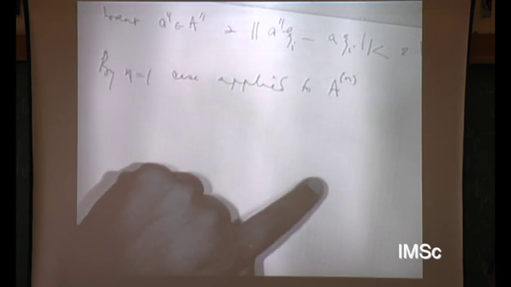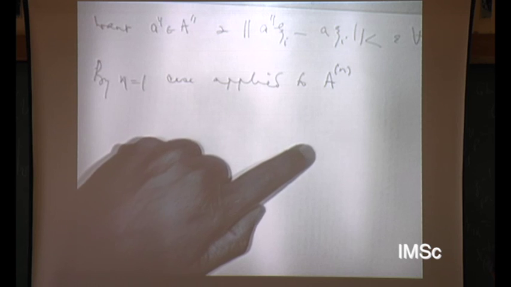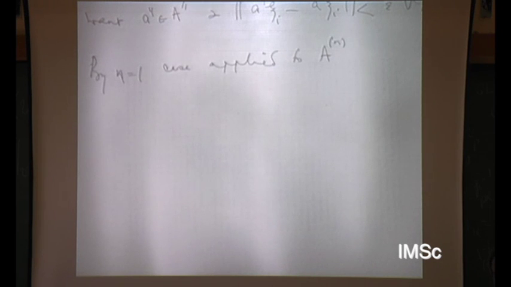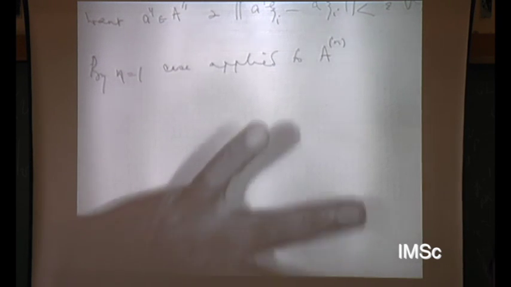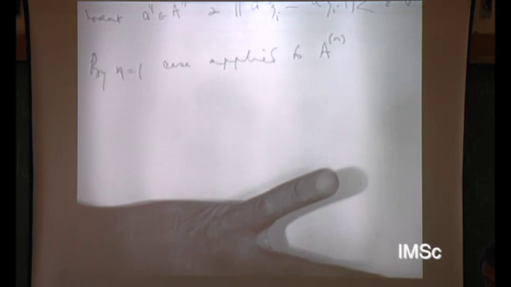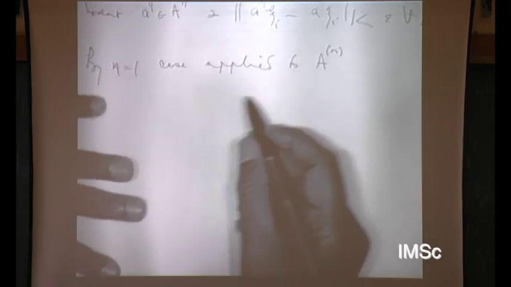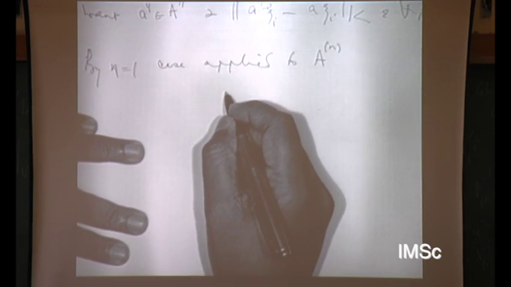Look at A to the n. Now this is as much a unital star algebra as A was. This is a unital star algebra in B of H^n. So by our n equals 1 case, I take one vector in that Hilbert space H to the n. Which vector do I take? I look at this vector xi1, through xn.